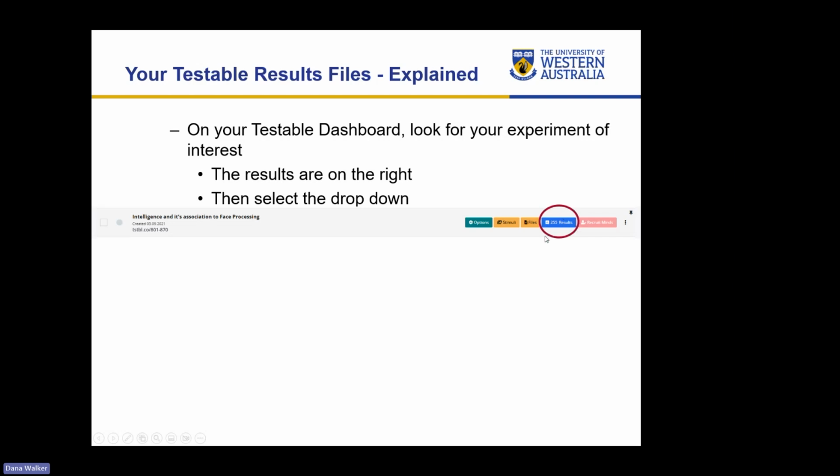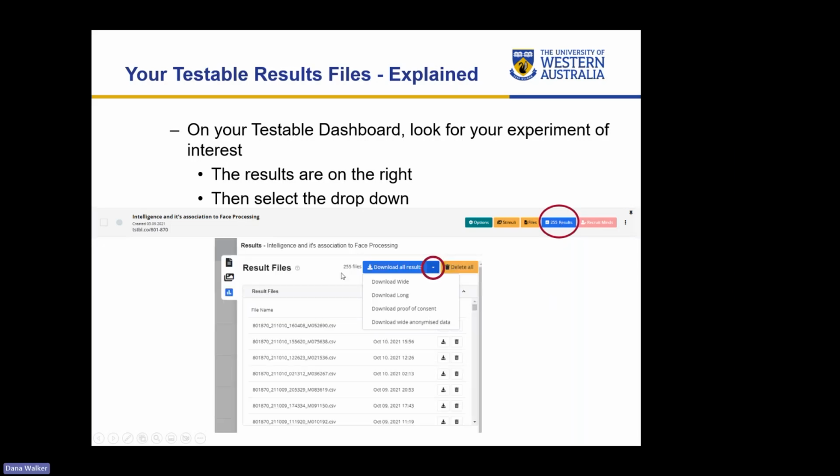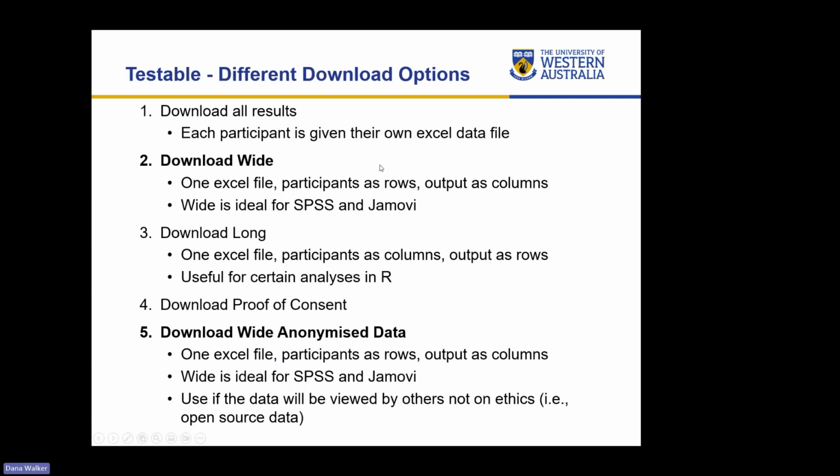And then over on this side, you see that I have 255 results. When I click on that button, it takes me to this, which is like the results file. And when you click the drop down, it gives you different options, including the download all option. So these are the different options. The download all option gives you an Excel spreadsheet for each participant. It's very annoying.